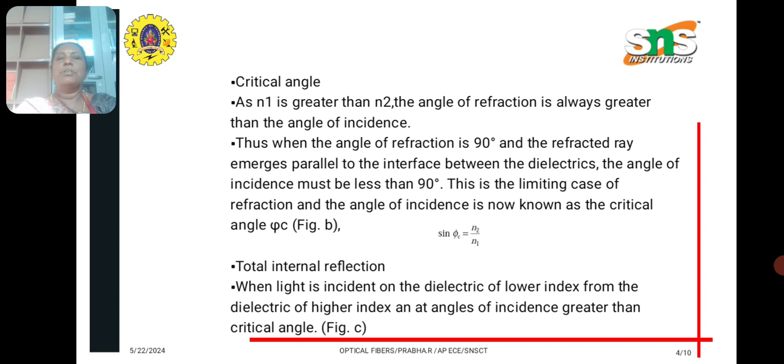This is the limiting case of refraction, and the angle of incidence is now known as the critical angle, represented by phi c, and it is given by the formula sine of phi c is equal to n2 divided by n1. Total internal reflection is defined as when light is incident on the dielectric of lower index from the dielectric of higher index at an angle of incidence greater than the critical angle.